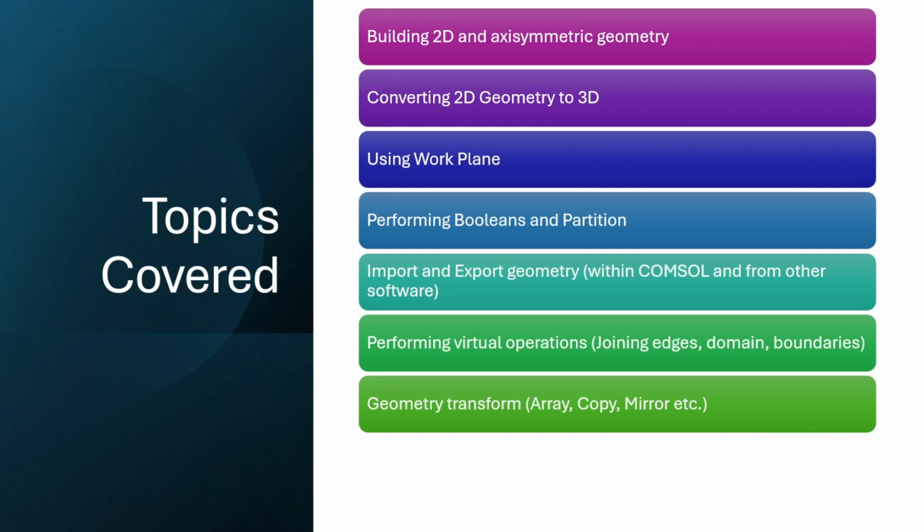You can also apply and use them in the COMSOL Multiphysics software as well. Also, you can create an array of an object, or you can copy one object to another object, and you can create the mirror of a single object. So these are the different geometrical transforms that COMSOL allows you to do as well.